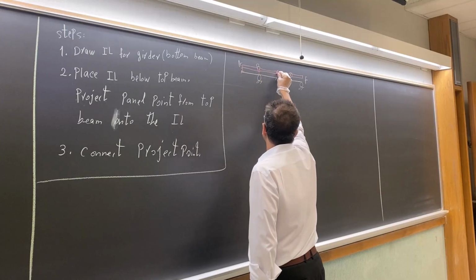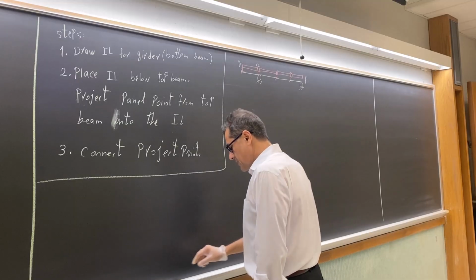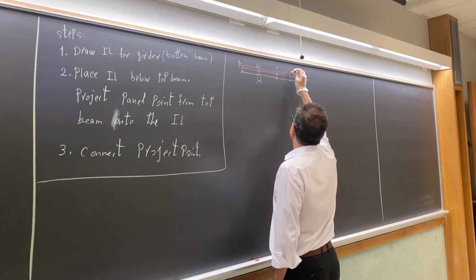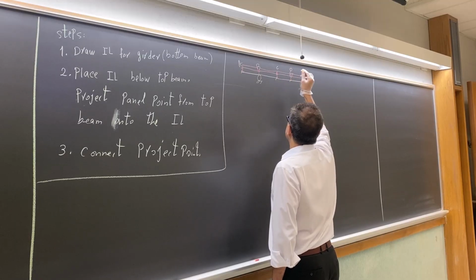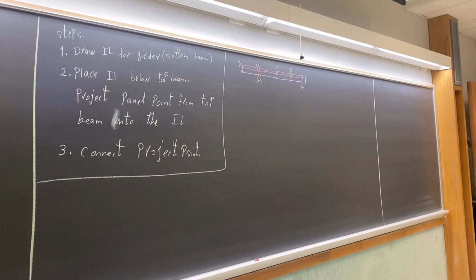Panel points A, B, C, D. And then the cantilever at the end? Yes, according to the drawing, this is the example from the textbook, the one that we just saw. And then this is G, this is E.